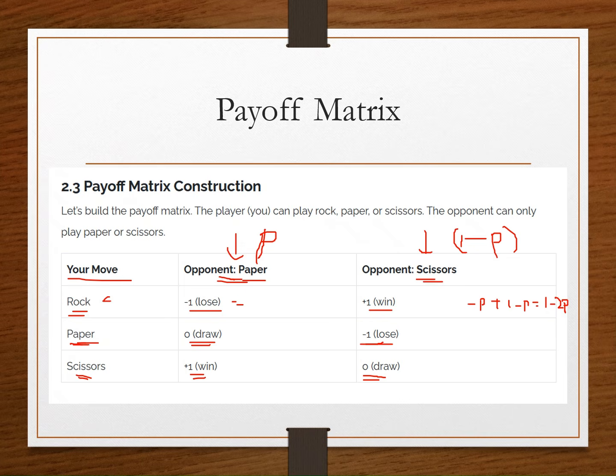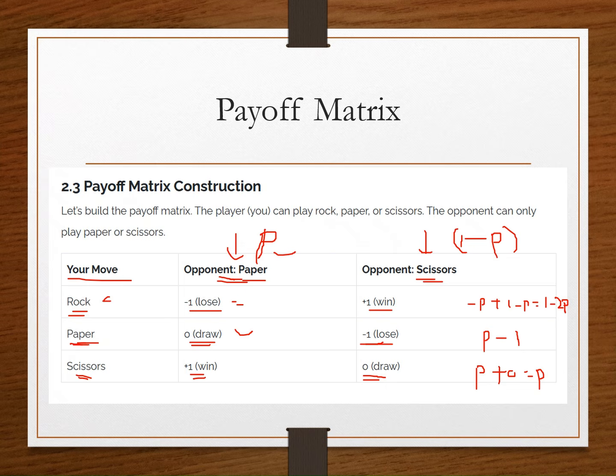When we play paper, it becomes 0 times P, which is 0, and -1 times 1 minus P. So this becomes P minus 1. When we play scissors, opponent has paper, so this becomes +1 times P, so P, plus 0 times 1 minus P, which is 0. So this becomes P.